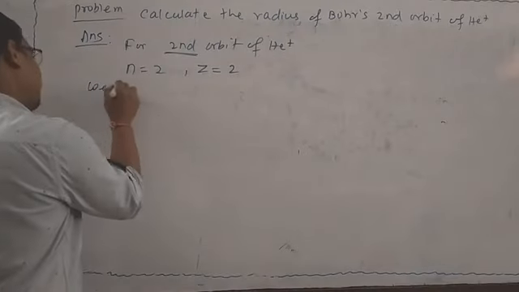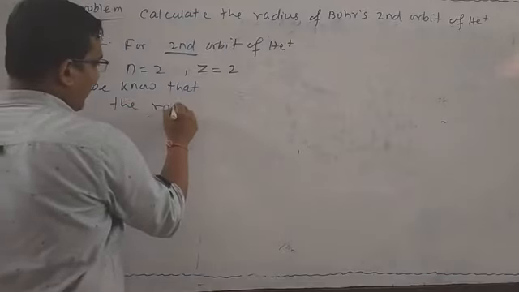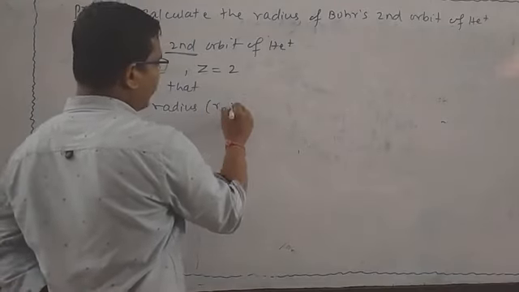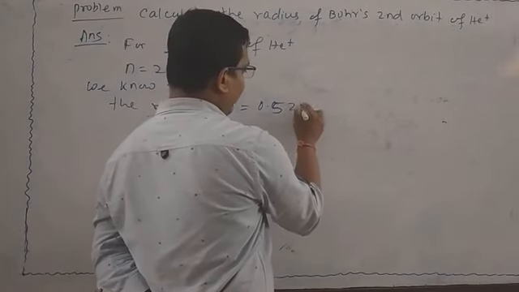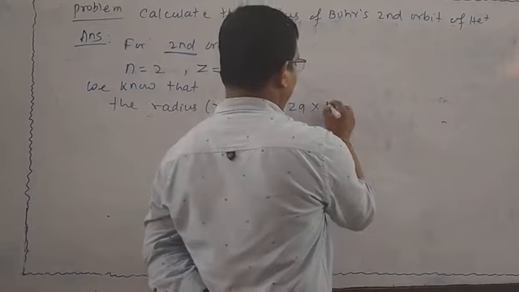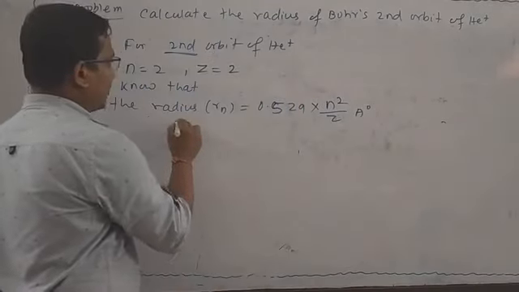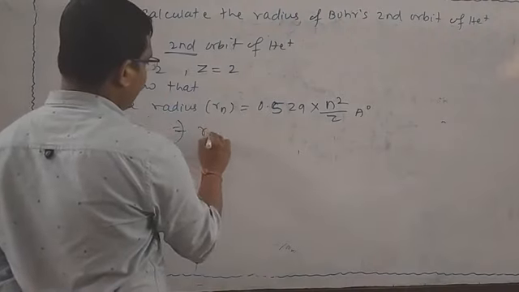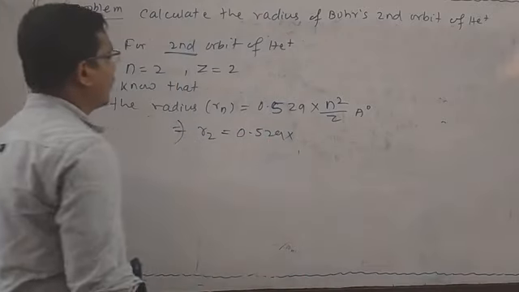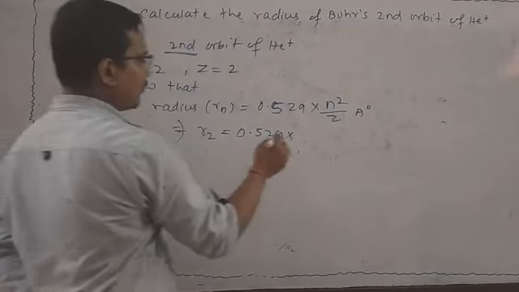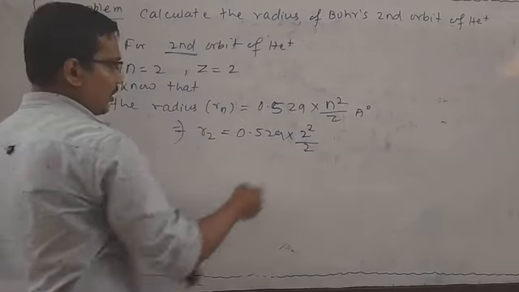We know that the radius Rn is equal to how much? What is the formula? 0.529 into N square by Z angstrom. That means R2 is equal to 0.529 into 2 square by 2 angstrom.